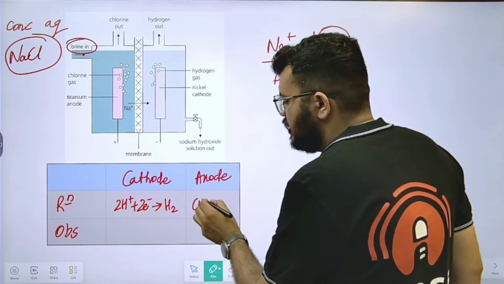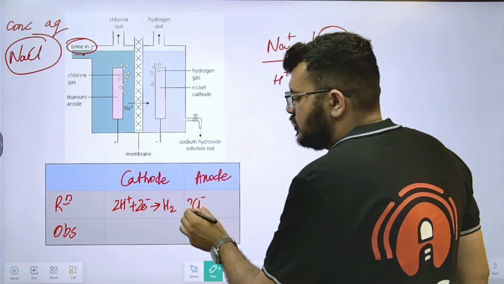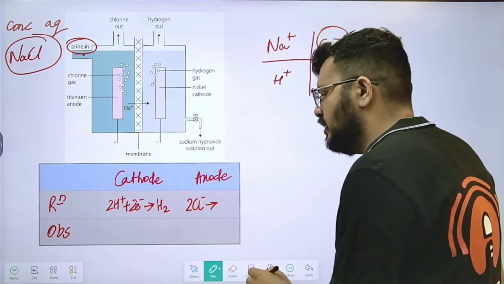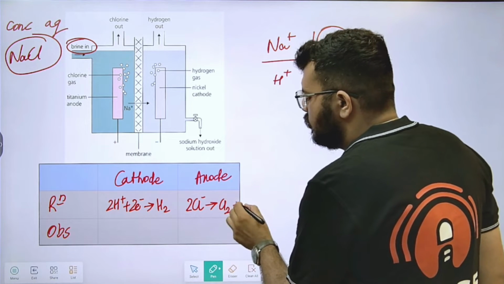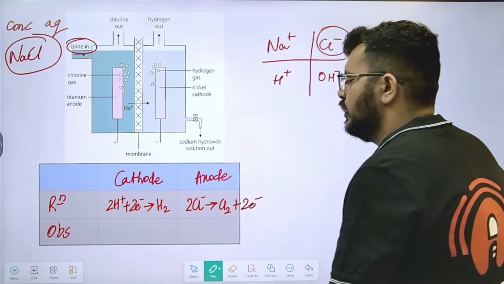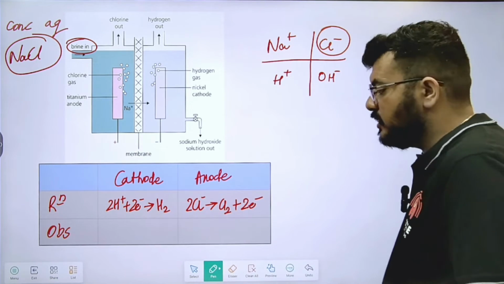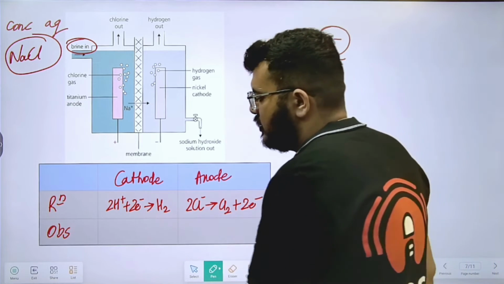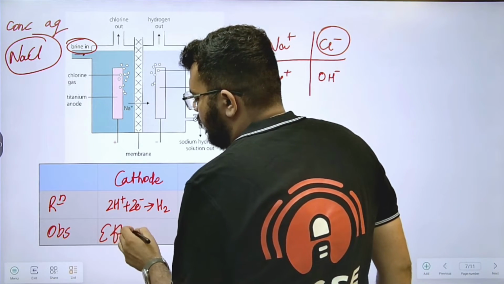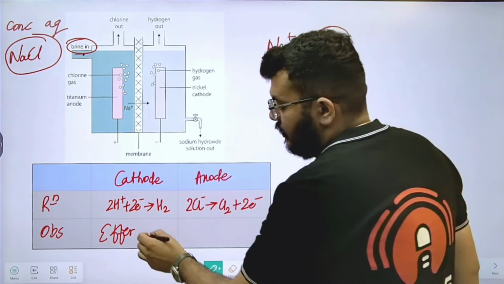So Cl minus, again because it is a diatomic gas, to balance I'll take 2Cl minus. What does it do? This becomes Cl2. How does it do that? By losing 2 electrons. So oxidation is taking place. Chlorine has lost 2 electrons here.